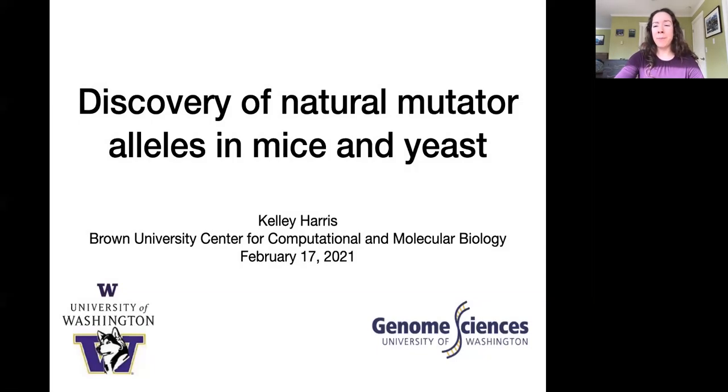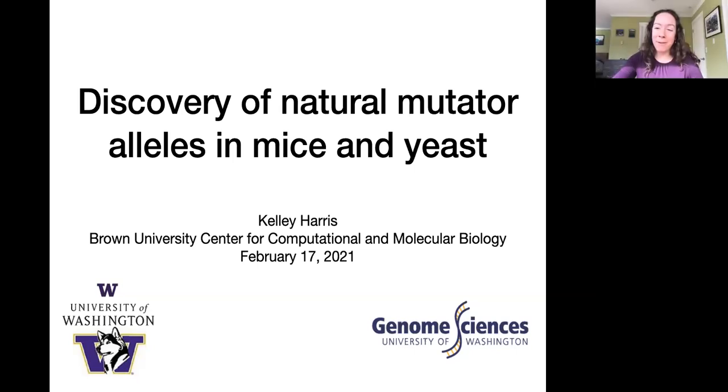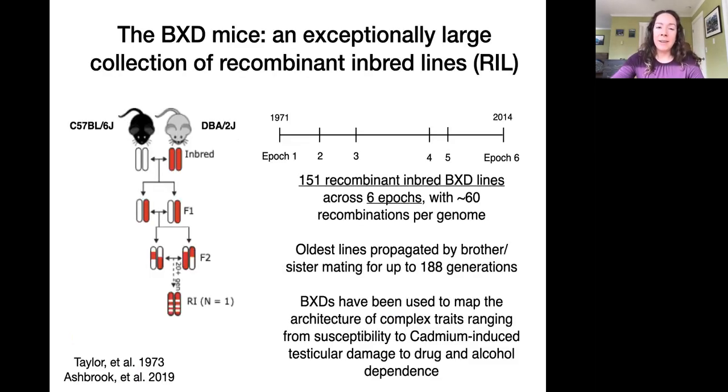Great. So today I'm going to talk to you about a couple of different stories in my lab that are in different systems, but both revolve around discovery of natural mutator alleles, which is really exciting. It's sort of what we'd been hoping to do from the founding of my lab 3 years ago, and are finally starting to be able to do in practice.